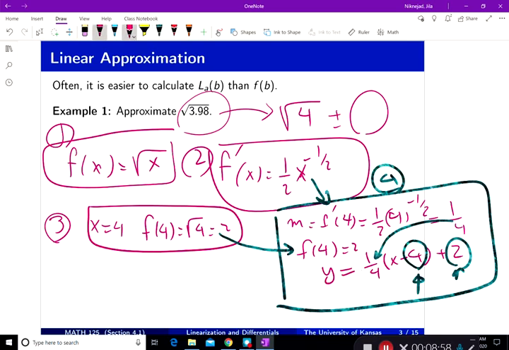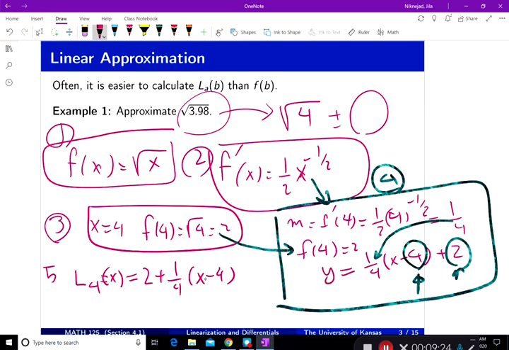Now, step 5. Again, let's write down the tangent line. L sub 4. The nice point was 4. Nice input point was 4. L sub 4 of x is equal to 2 plus 1/4 of x minus 4, right?